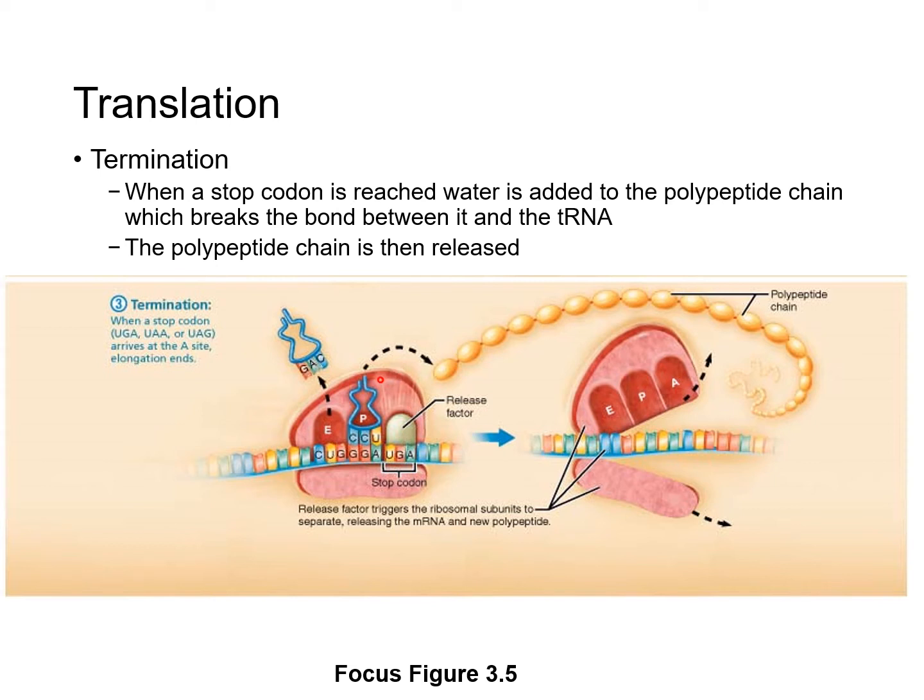Instead, a water is added, and that causes the polypeptide chain to detach from the transfer RNA in the P position. And that essentially terminates the production of the polypeptide chain. And that polypeptide chain will then go off and fold and start functioning.